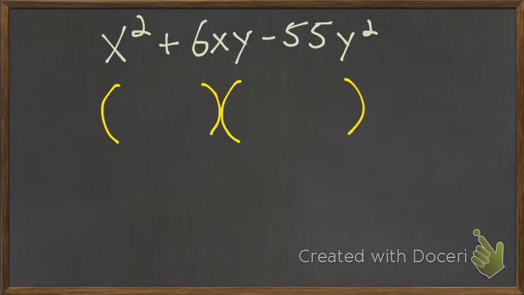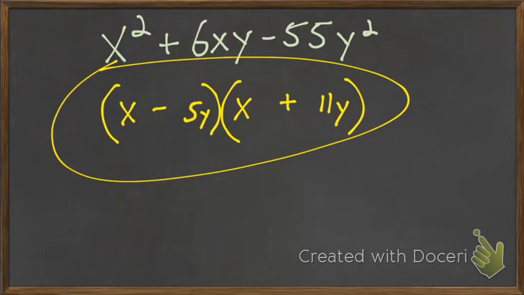So I already know that I have x, and I know that my signs are going to be different. So what is a factor of 55 that would give me 6 as the difference? 5 and 11. So 5y and 11y. Which one gets the positive sign? 11. There we go. All right. So that was easy.